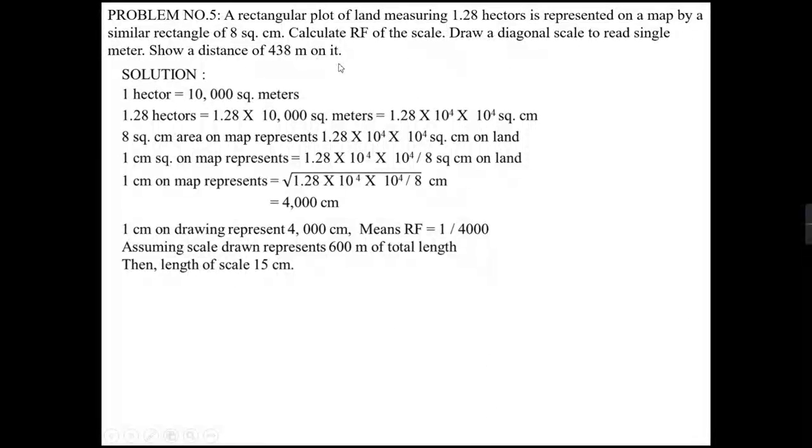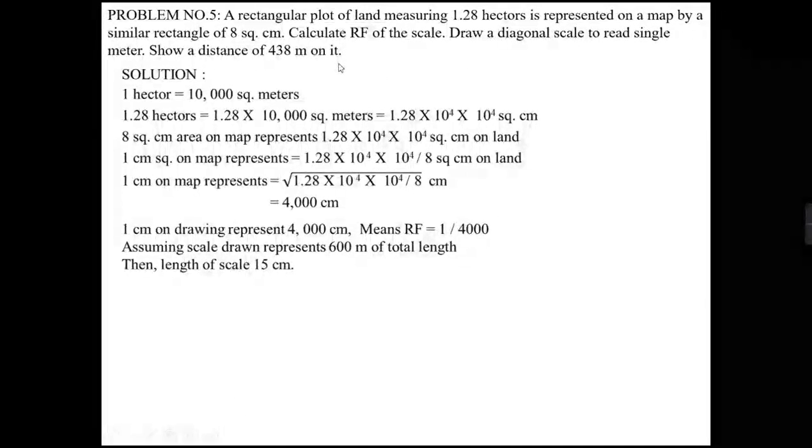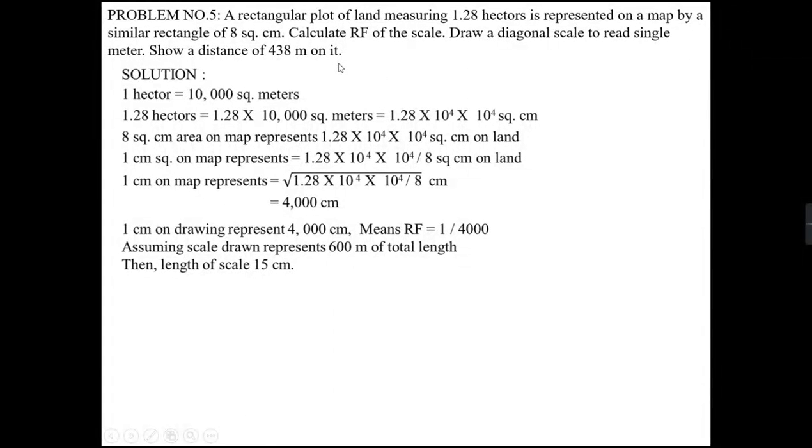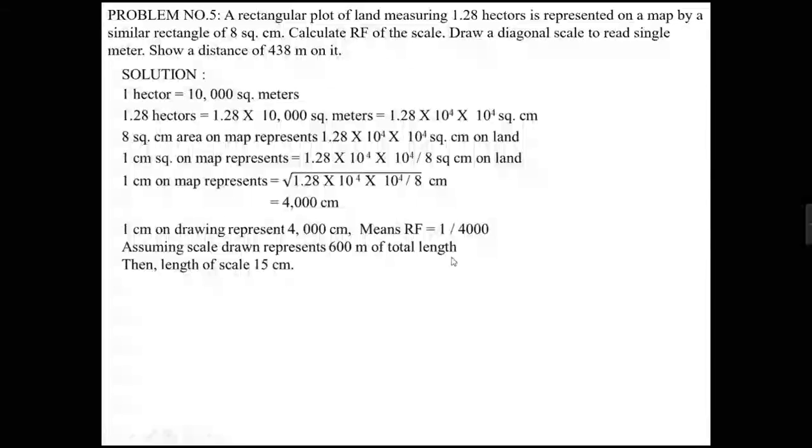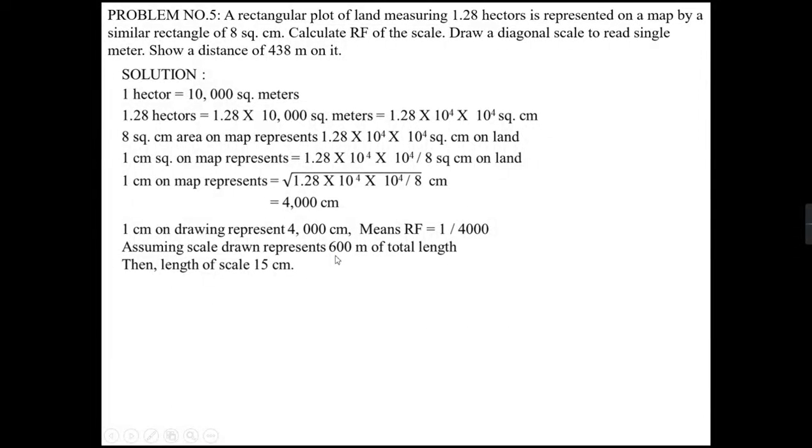That could be 450 meters, 500 meters, 600 meters. In this problem, we are going to use 600 meters as the total length. Multiplying 600 meters with the RF, we get the length of the scale as 15 centimeters.